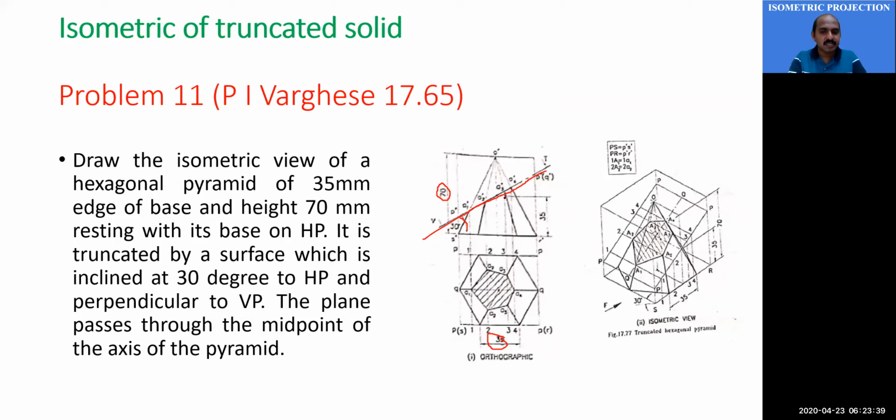This is a hexagonal pyramid, 6 edges. Then from each cutting point of the front view, you drop to the top view of the solid. Then you will get the cutting points in the top view: A1, A2, A3, A4, with the same naming. Here it is A3, and here also it is given as A3, and it is A2.